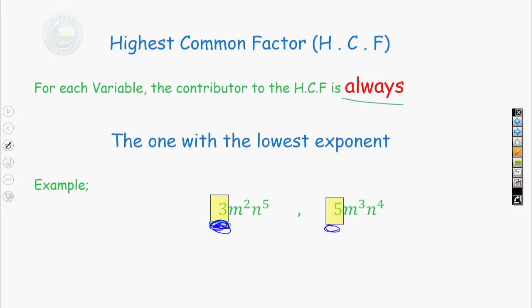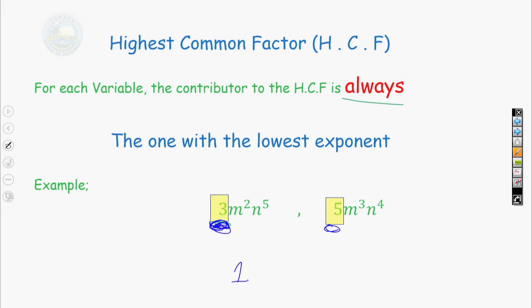The answer is no. So our contributor in terms of 3 and 5, we don't usually write it, but our contributor here is going to be 1. 1 is a factor of any number, so we usually don't look for 1. We look for numbers greater than 1 for common factors. If we can't find any, then we just use our default. 1 is a factor of any number.